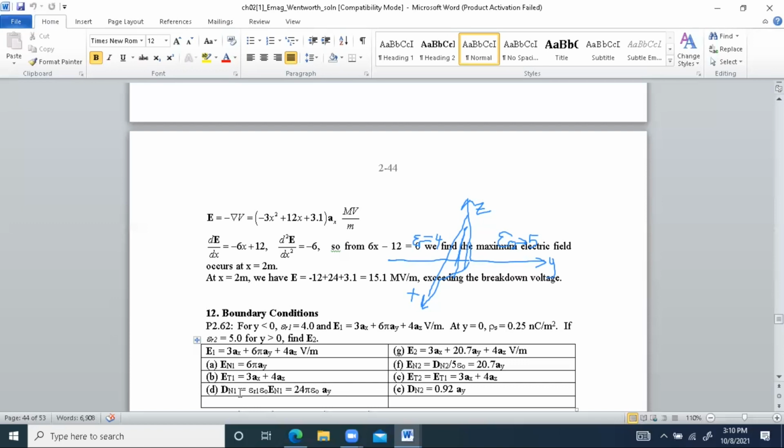But one issue, sir, for the next step: how do we get E2 to be that value in the Y direction? Hold on, we follow it. You have E normal 1 and E tangential 1, right? Yes, sir. Now E tangential 2 is equal to E tangential 1, so it's the same thing.